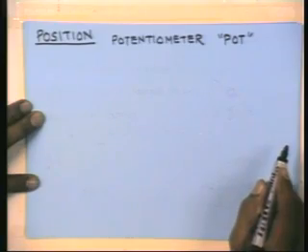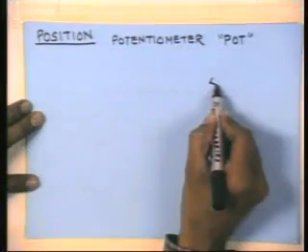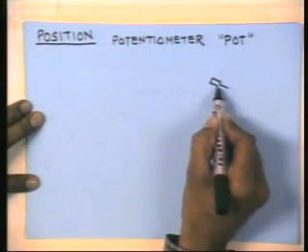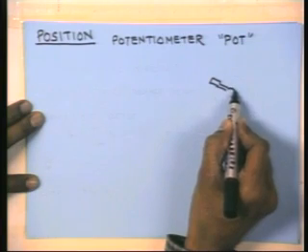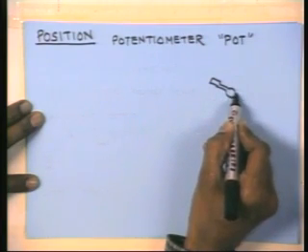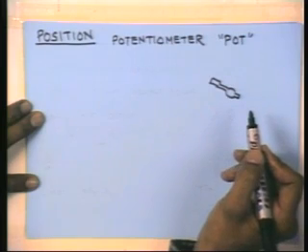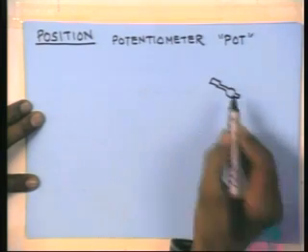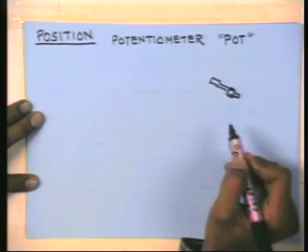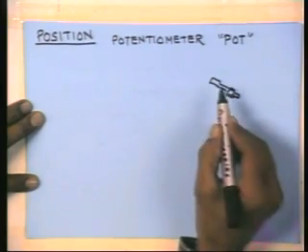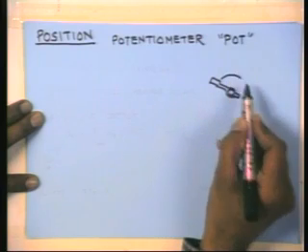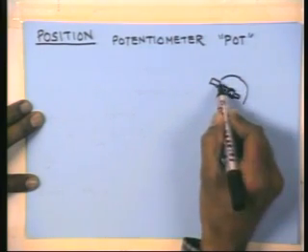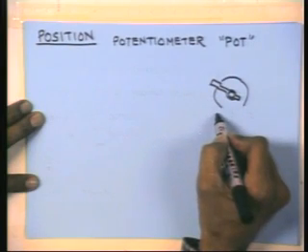This is something that you would have come across in a physics laboratory, for example, or you would have known it anyway. And basically it consists of a moving arm. If you are trying to measure, let's say, rotation of a shaft, then this arm would be mounted on a shaft, and there is a resistor of some sort laid out along a circular path.